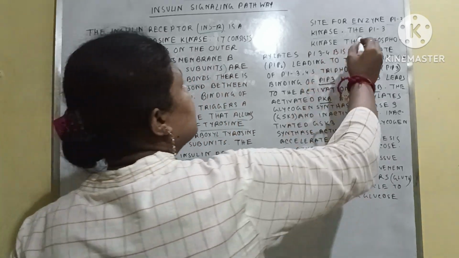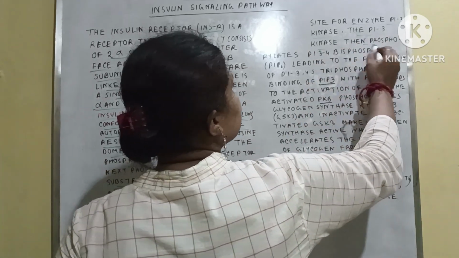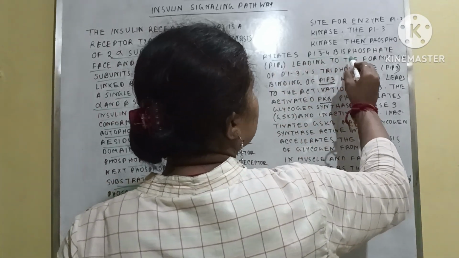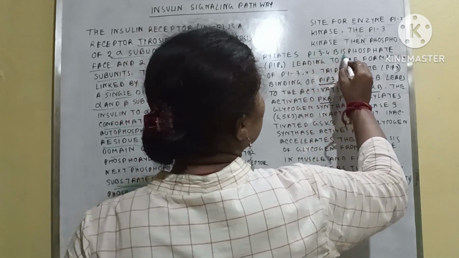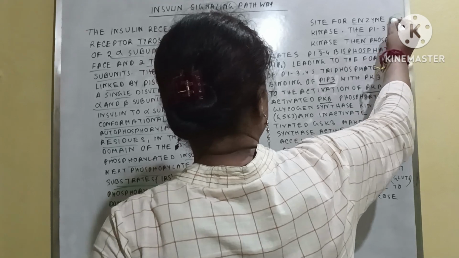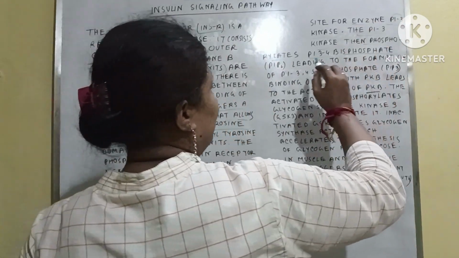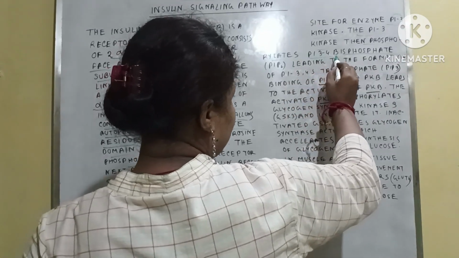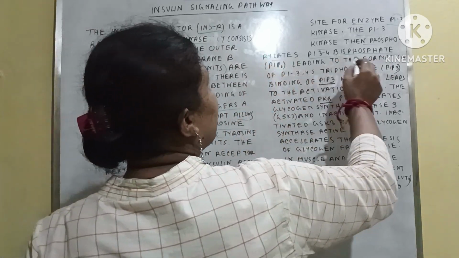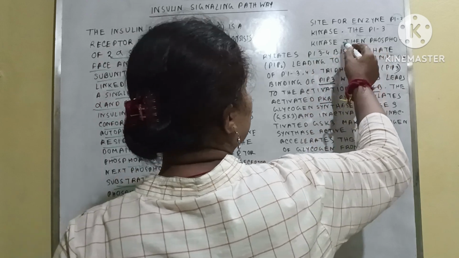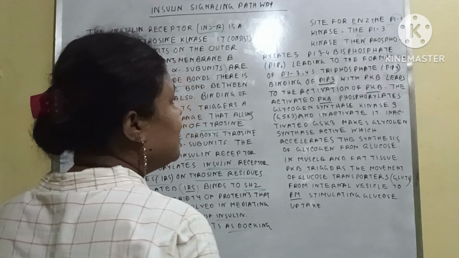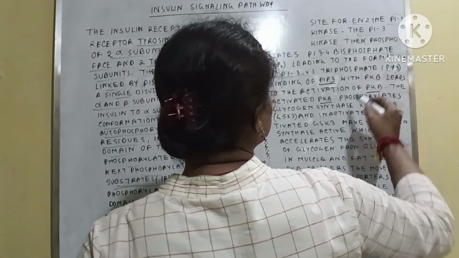The PI3 kinase phosphorylates PI3,4 bisphosphate, or PIP2, and converts it into PI3,4,5 triphosphate, or PIP3.